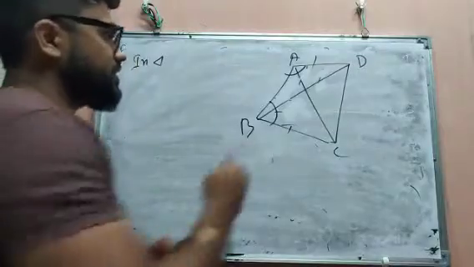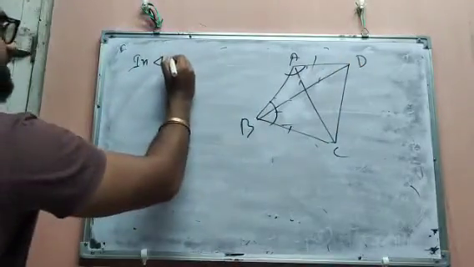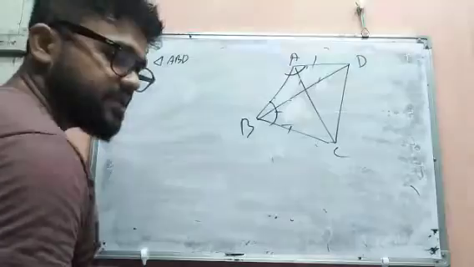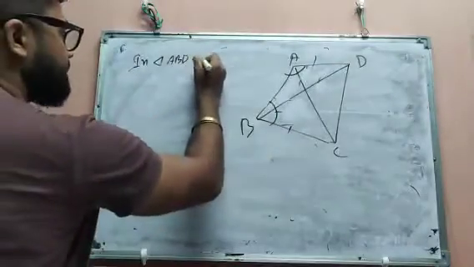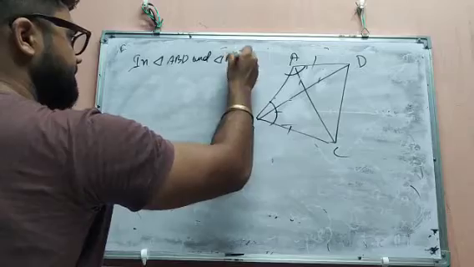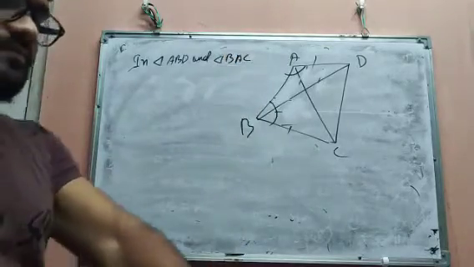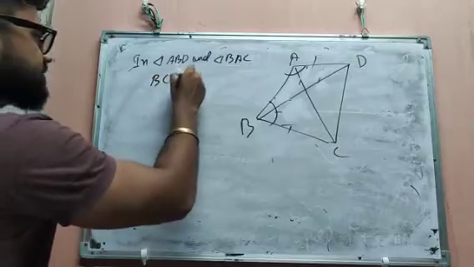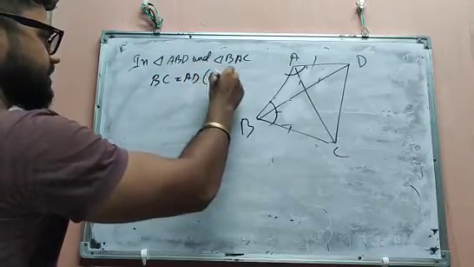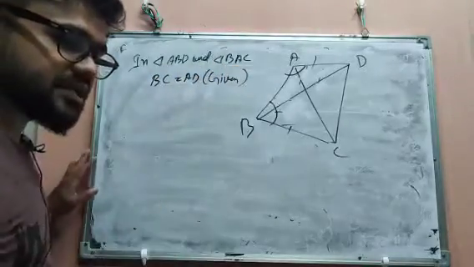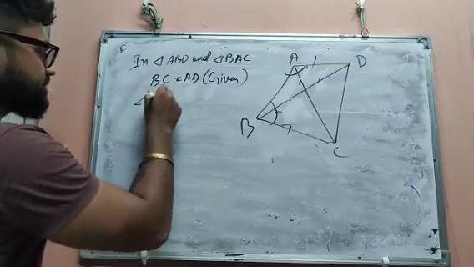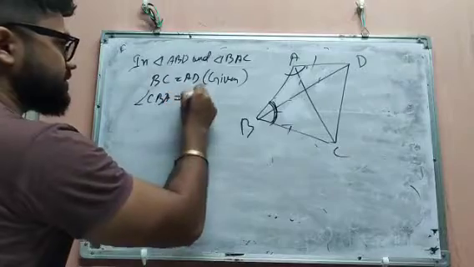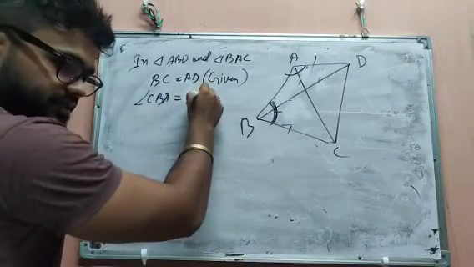To do that, first, in triangle ABD and triangle BAC, what is given? BC equal to AD, it is given. Then angle CBA is equal to angle DAB.